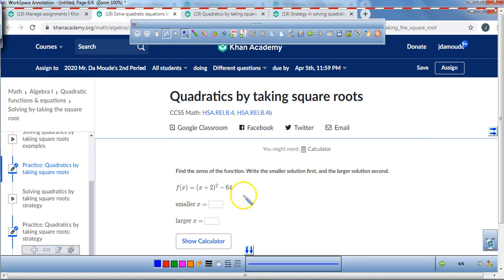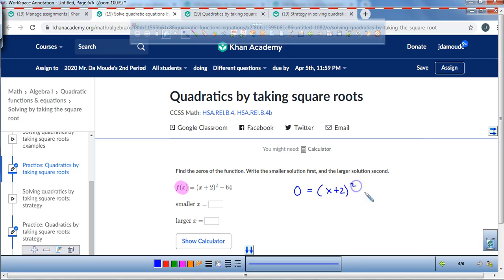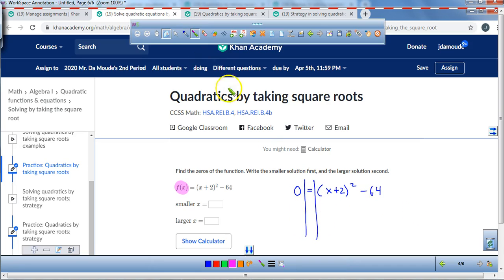You see our function right here. We are going to set f of x, which is our y value, equal to 0. So we'll put 0 equals x plus 2 squared minus 64. What are we going to do? We're going to isolate this guy right here. We're going to get him by himself.